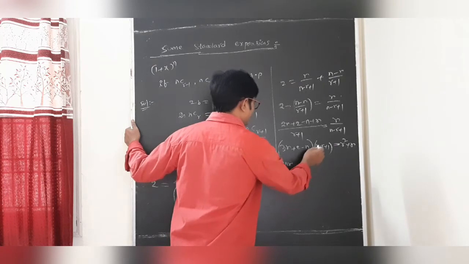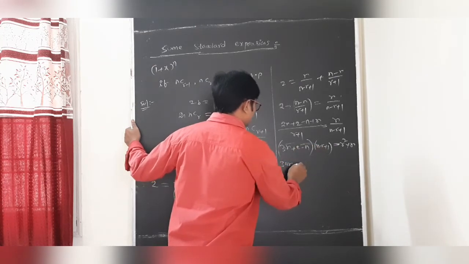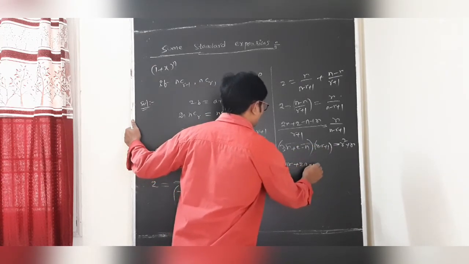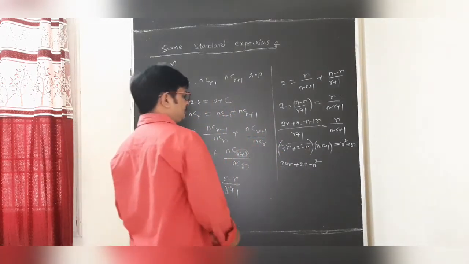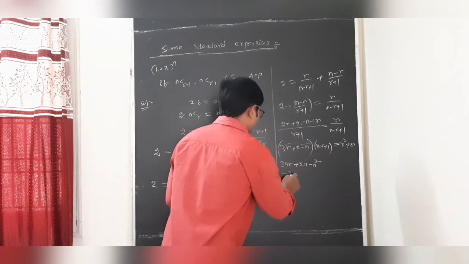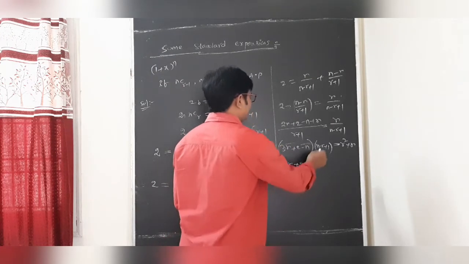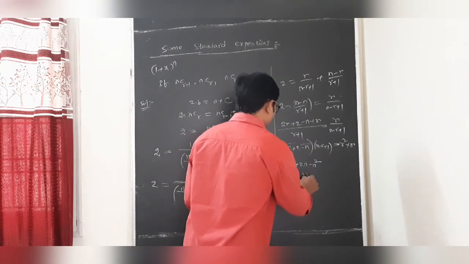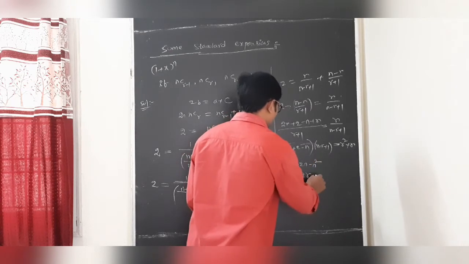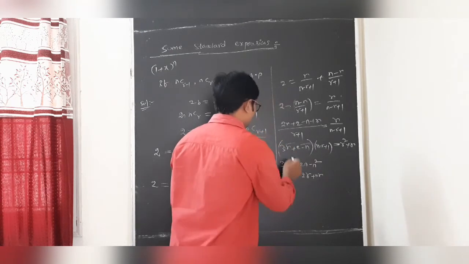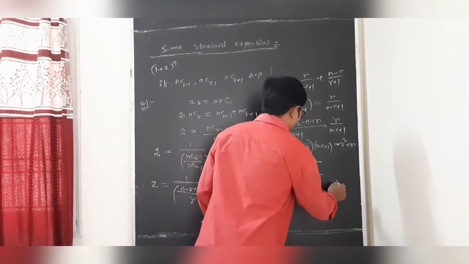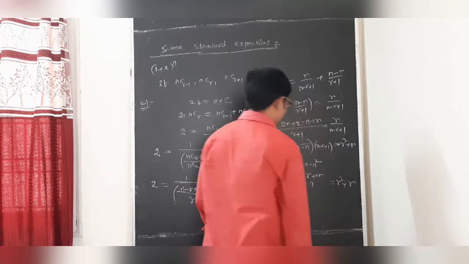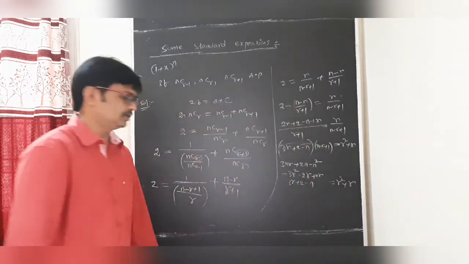After then multiply with only n: this is 2n minus n square. Then we have to multiply with r: minus 3r square minus 2r plus nr. We have to multiply with 1: that is 3r plus 2 minus n equals r square plus r. Is it clear students?